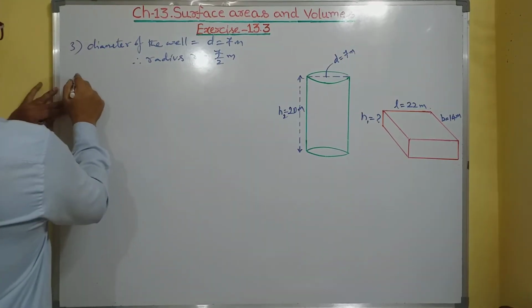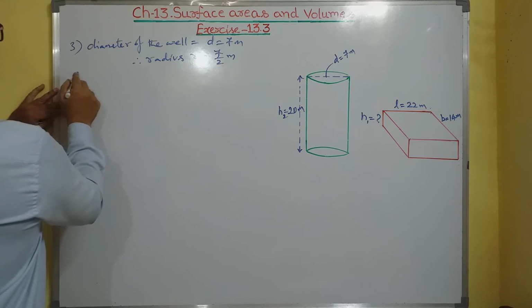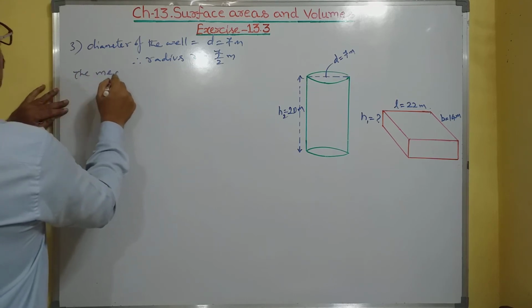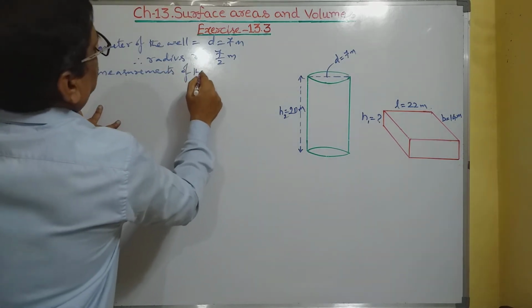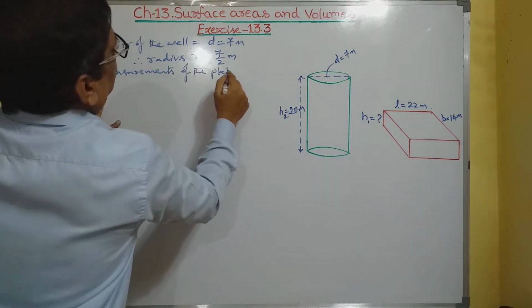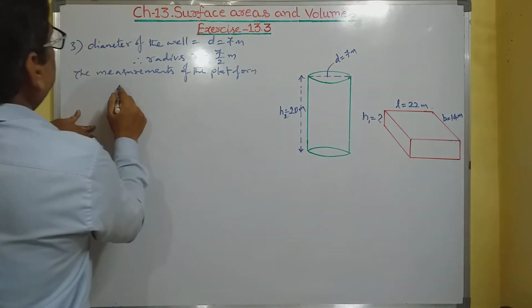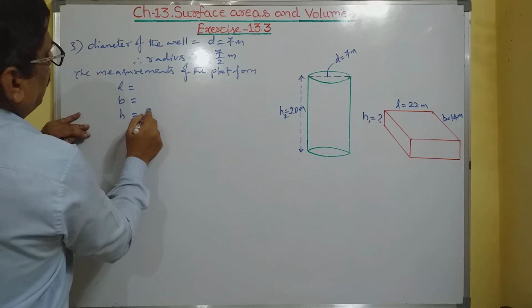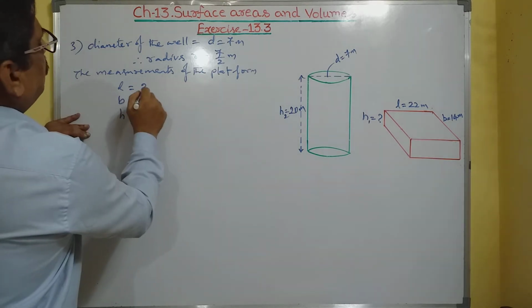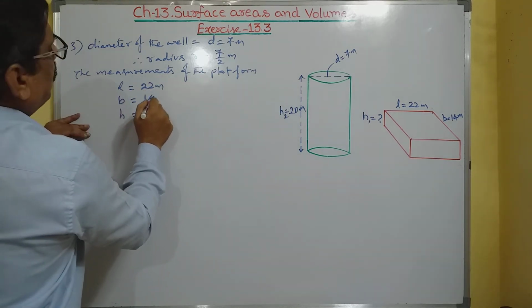Now, the measurements of the platform. So length, breadth and height. Length, breadth are given, height we don't know. Length 22 meters, breadth 14 meters.